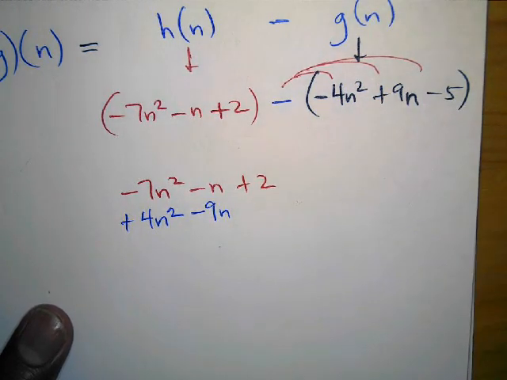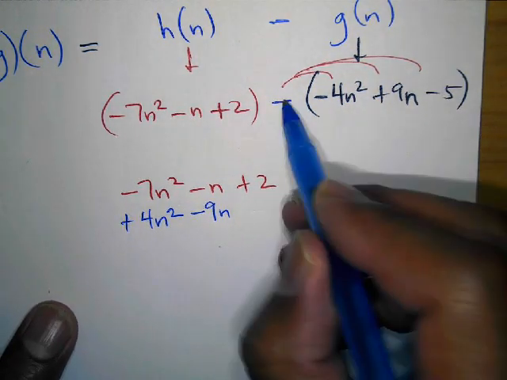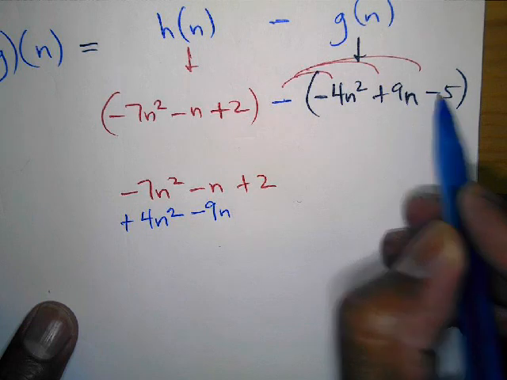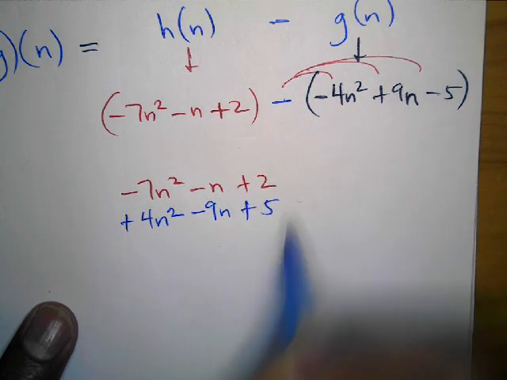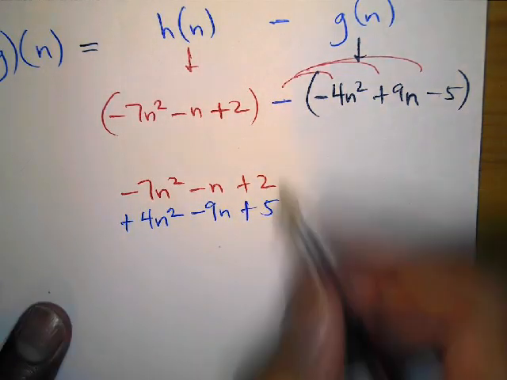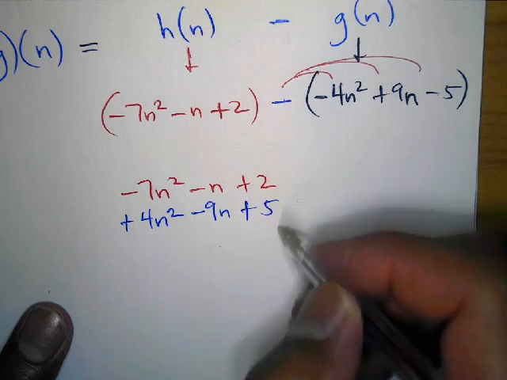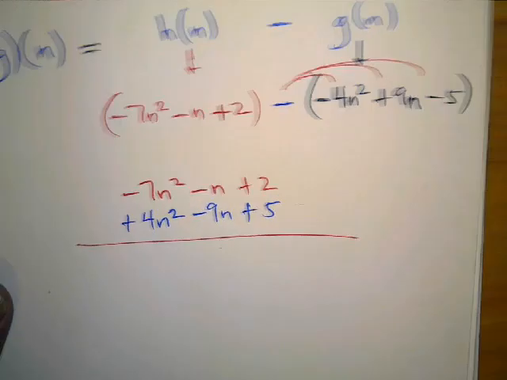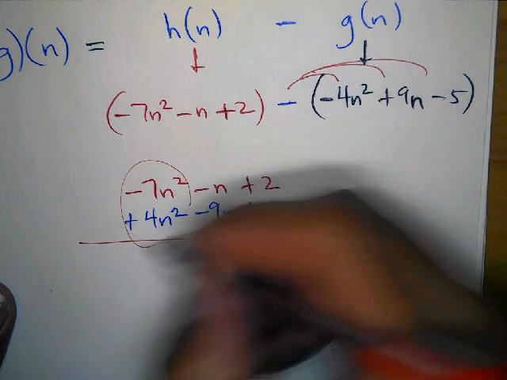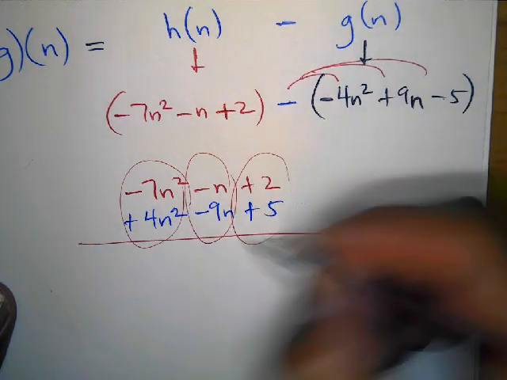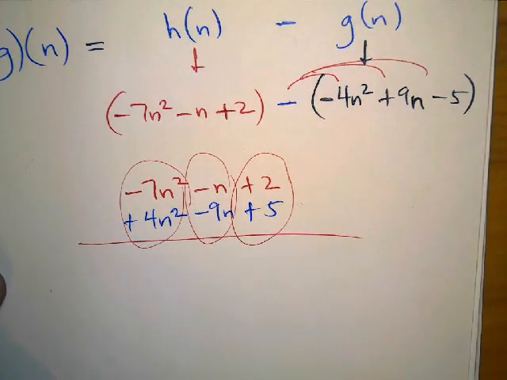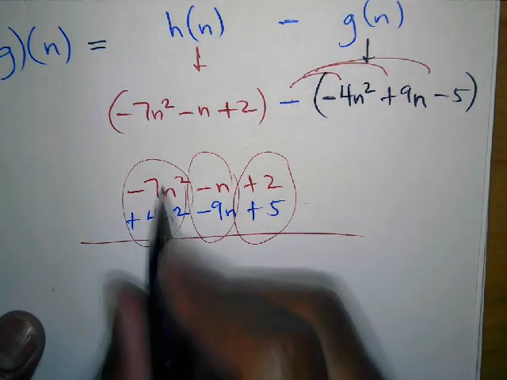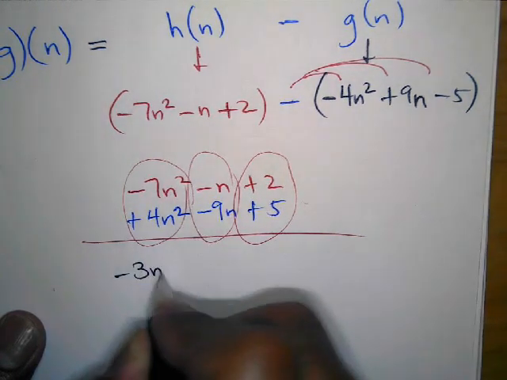Then that's going to change from a positive 9n to a negative 9n, and I write it under the n. When you write them in order, they should fall in place, right? And that negative is going to change that negative 5 to a positive 5. If you use this vertical alignment, then you can just add like this, and you can get the answer right for each one.